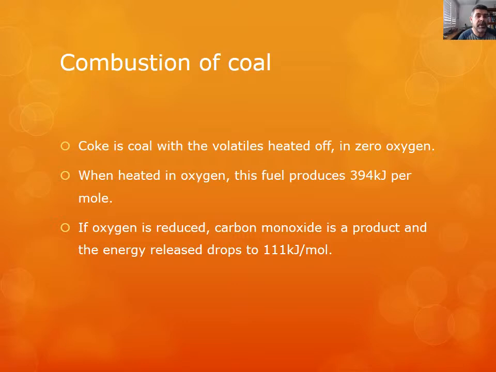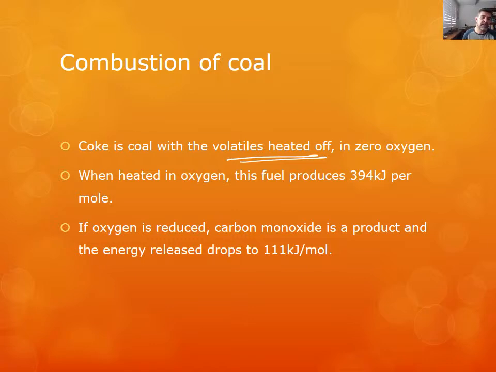Now, I talked in previous videos about what is being marketed as clean coal. Coal effectively is used for power stations in the form of coke. So the volatiles have been removed. Obviously, they need to be removed in the absence of oxygen, or you're going to end up combusting everything.